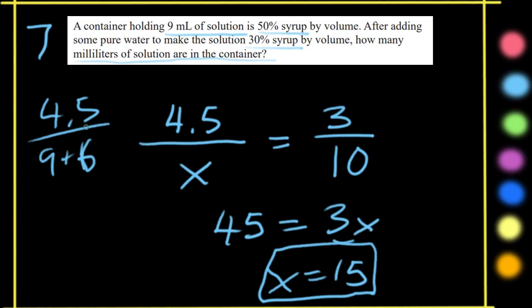Did I do that wrong? Anyway, let's see, how many milliliters of solution? So yeah, we're adding an additional 6, and 4.5 divided by 15. Yeah, that is 0.3. So that's correct. Okay.